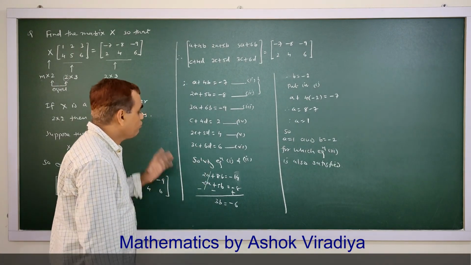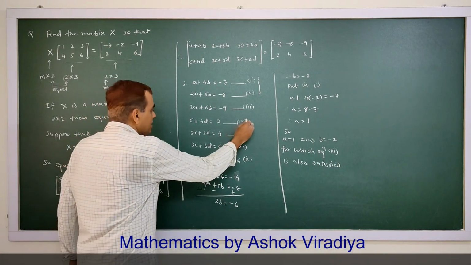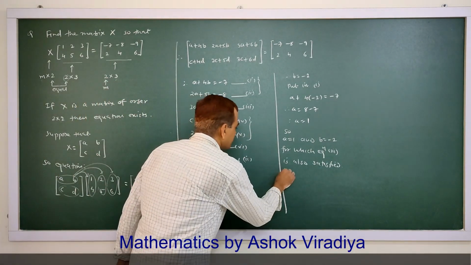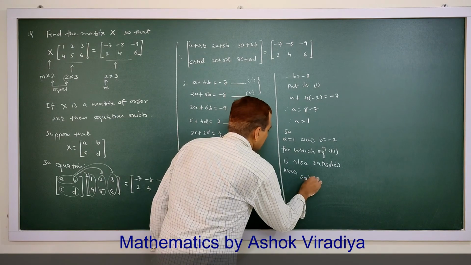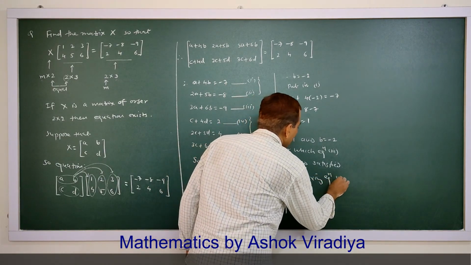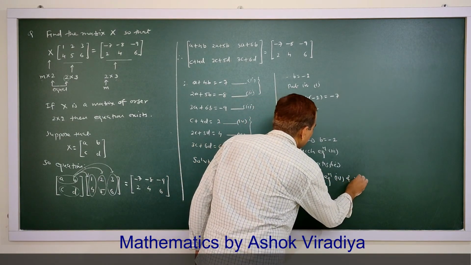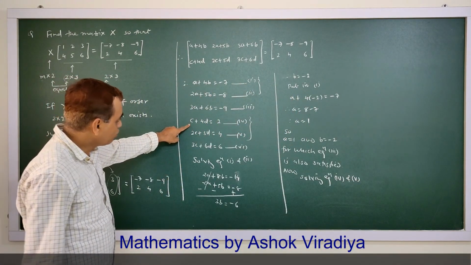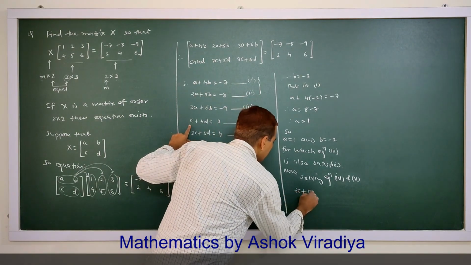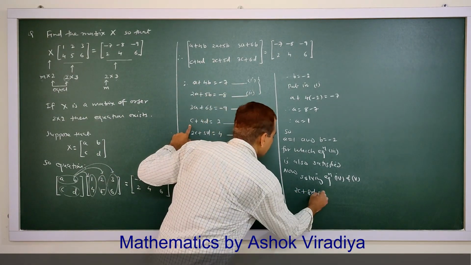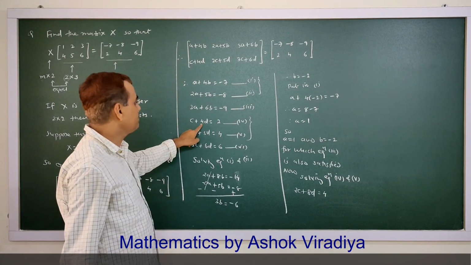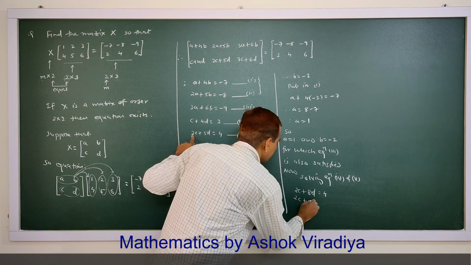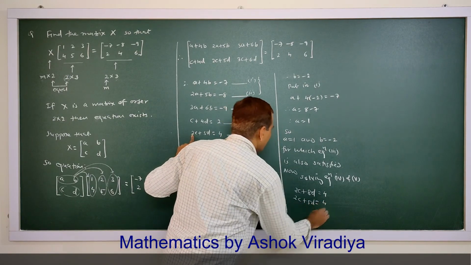Now to find C and D, we solve equations 4 and 5. Solving equations 4 and 5, this is 4. I am multiplying by 2. So 2C plus 8D is equal to 4. 2C plus 5D equal to 4 as it is.